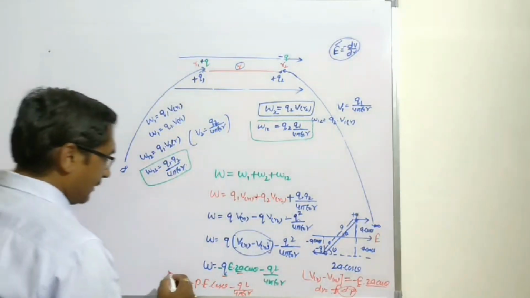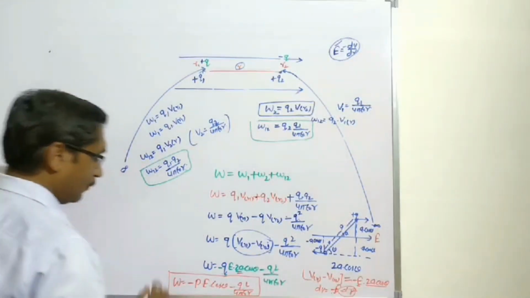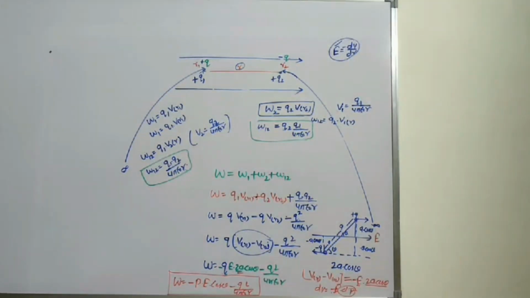This is the expression of potential energy between two opposite charges which have the same magnitude in a uniform electric field.